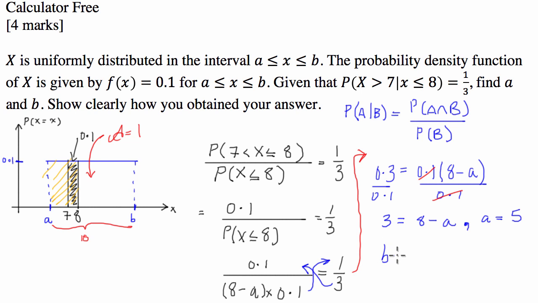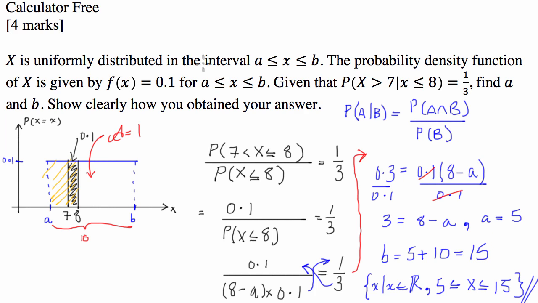So b is equal to 5 plus 10, if you want to show all your working out, which is equal to 15. So finally, we have our domain: x such that x is an element of the real numbers given by 5 up to and equal to x up to and equal to 15.